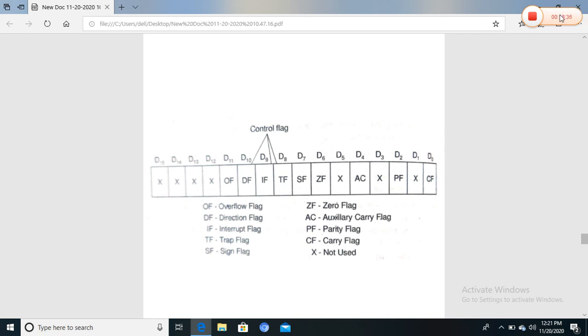This is the complete architecture: the block diagram of 8086 is divided into two parts, the BIU and the EU. Next lecture we study the physical address generation and memory segmentation.